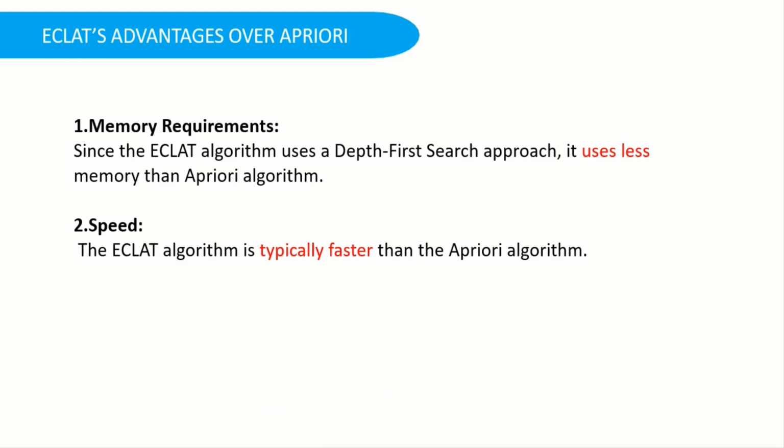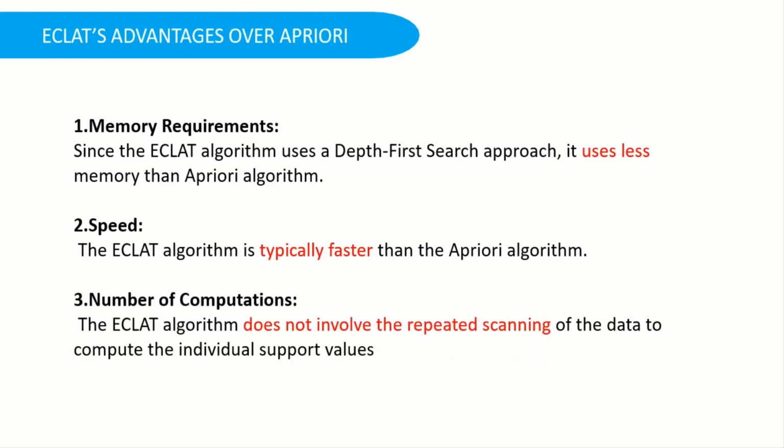The ECLAT algorithm is typically faster than the Apriori algorithm because of its search technique and the number of computations. The ECLAT algorithm does not involve repeated scanning of the data to compute the individual support values, and hence the number of computations is relatively very small compared to the Apriori algorithm.